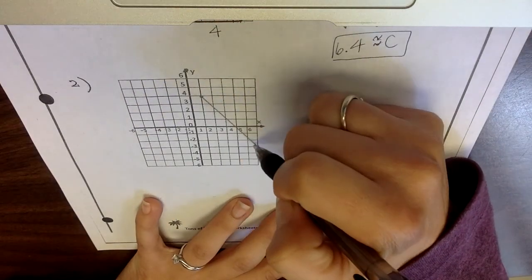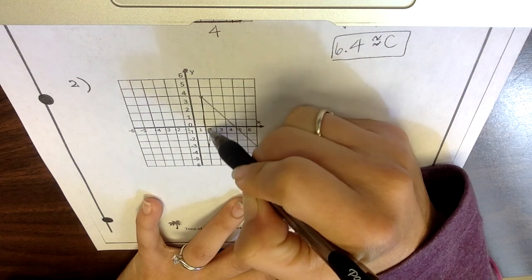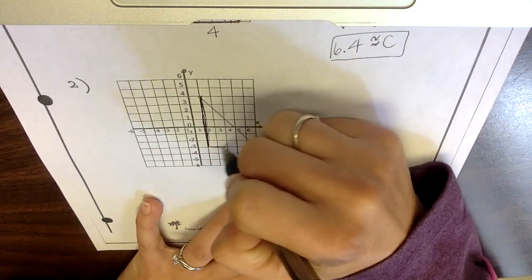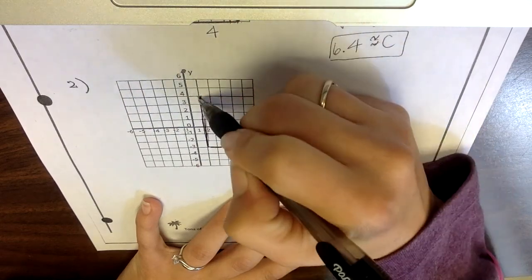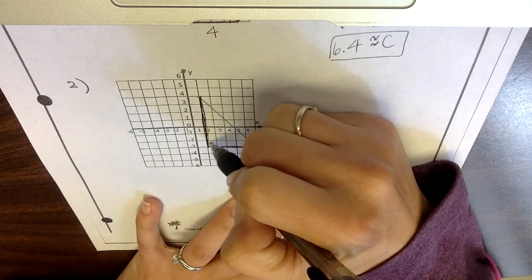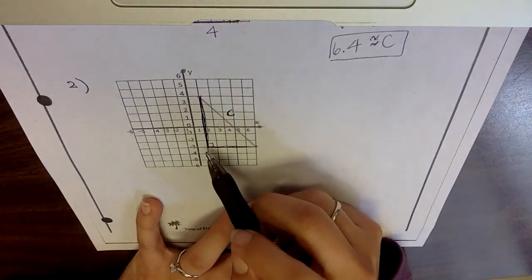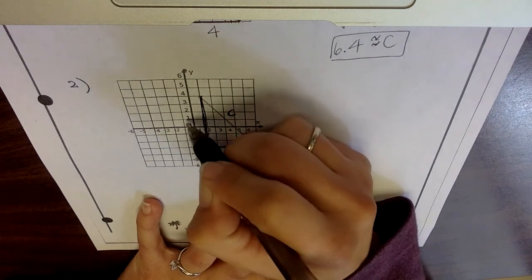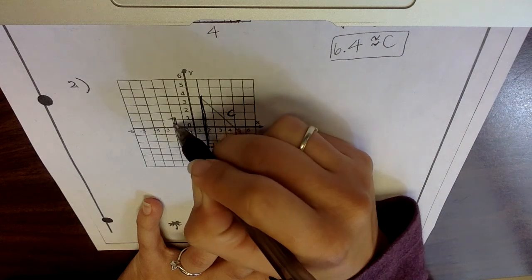I have my two ordered pairs, so I'm going to create another right triangle. Does it have to always be this direction? No, you could make a right triangle going this way if you wanted. There's my right angle. I'm missing C. So my legs right here, 1, 2, 3, 4, 5, and I think this is 7. 1, 2, 3, 4, 5, 6, 7.